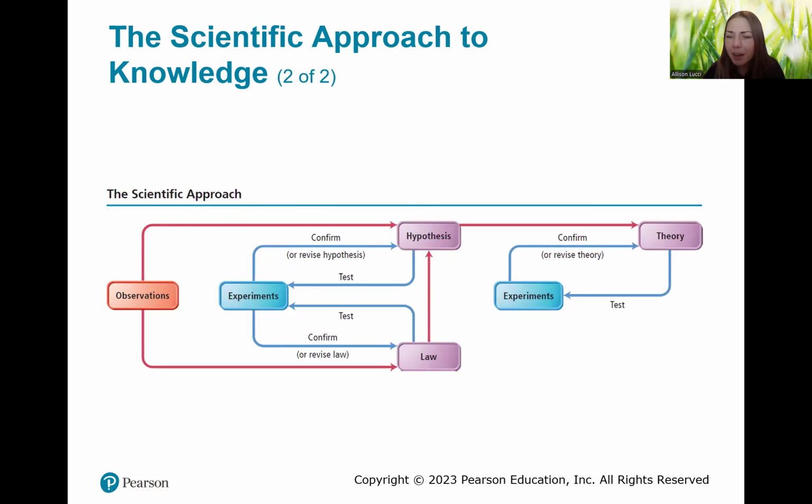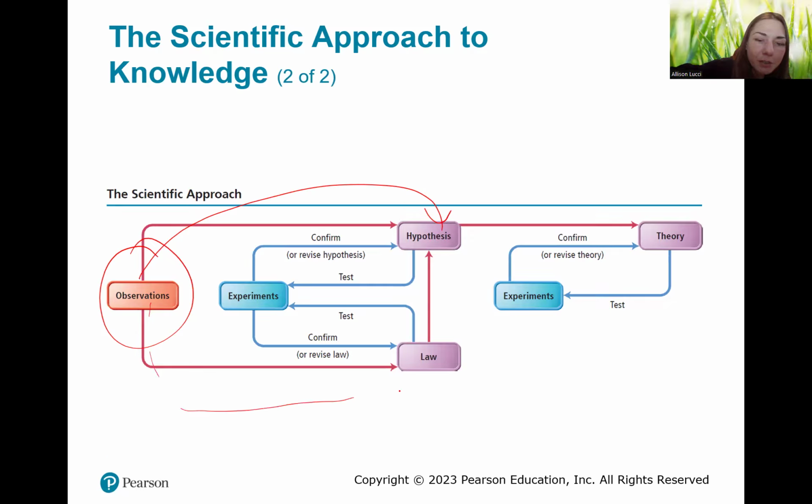So we can kind of follow this flow chart here to walk us through the scientific approach, the scientific method, where we start with some observations over here. We can form a hypothesis. We can also jump right to a law here.